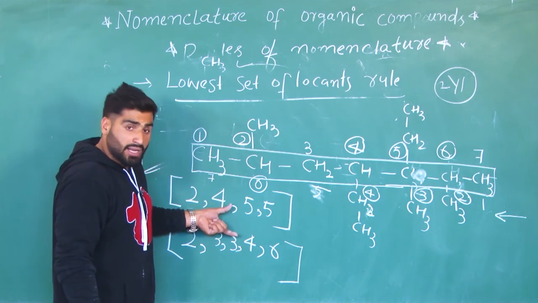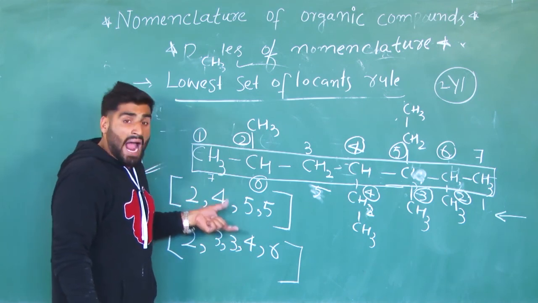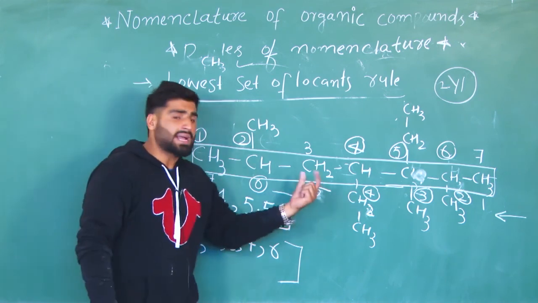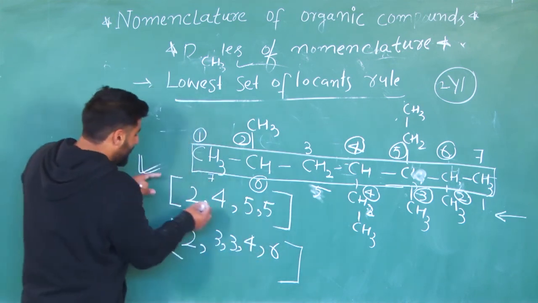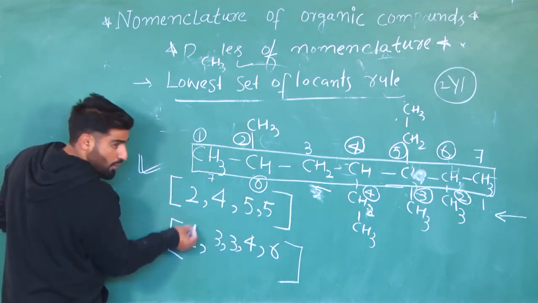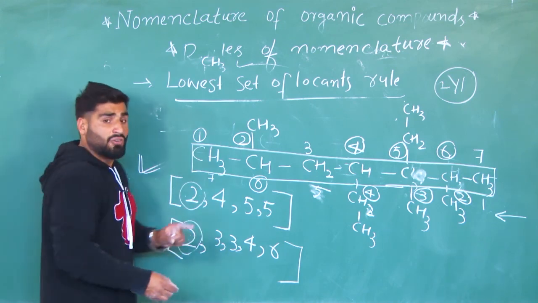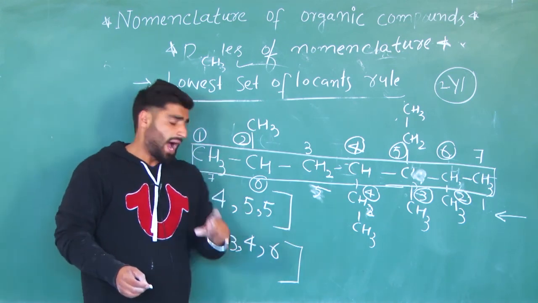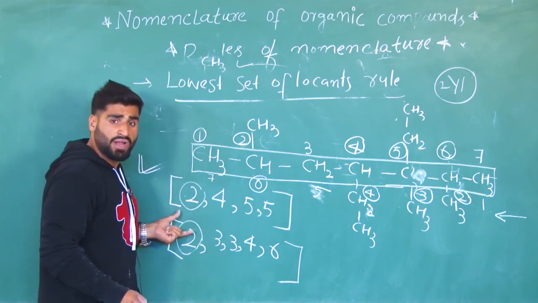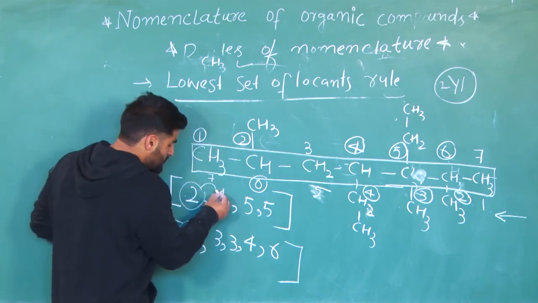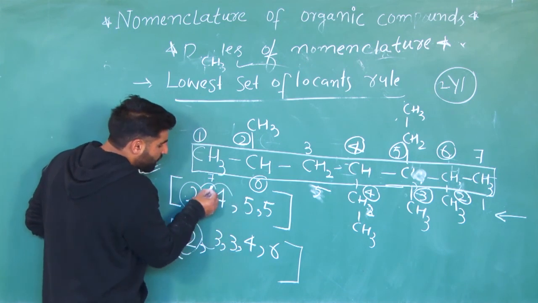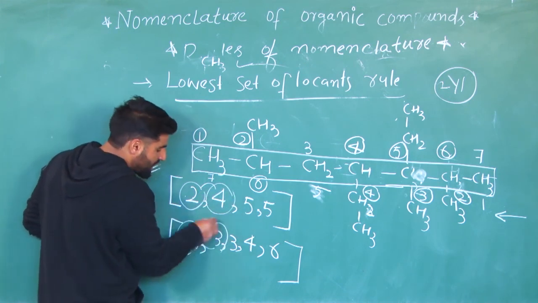These sets will give me an idea how to number a carbon chain. Now I will compare these locants one by one. Here we have 2, here we have 2. I am not getting the first point of difference here. Now I will shift to the second locant. I have here 4 and I have here 3.